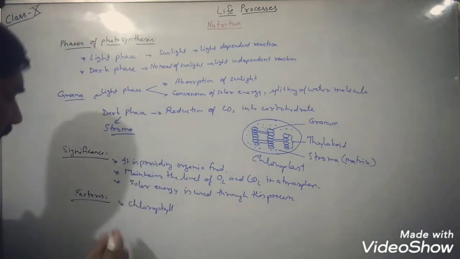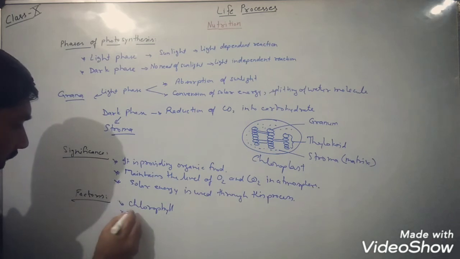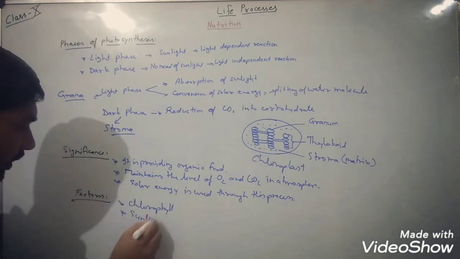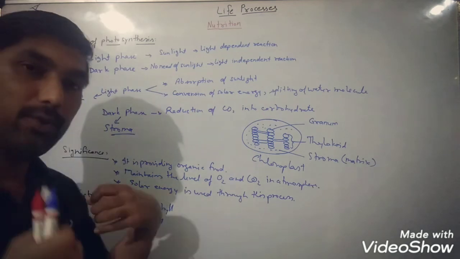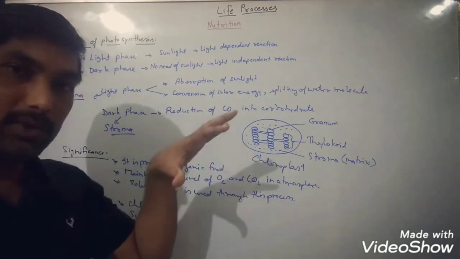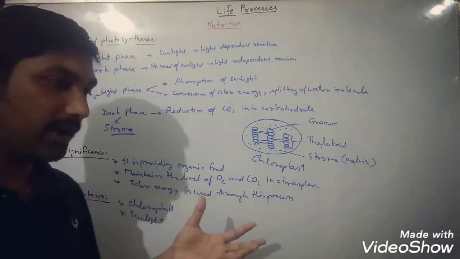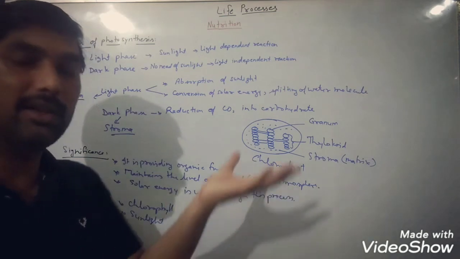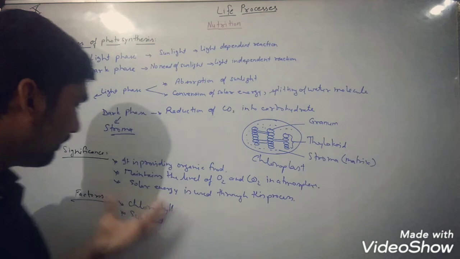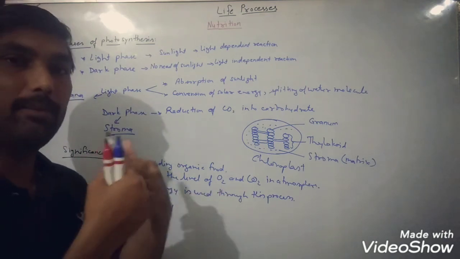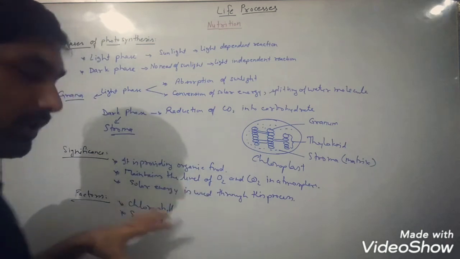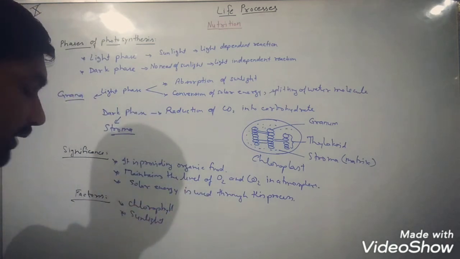When we consider sunlight, initially with the increase in intensity of sunlight, the rate of photosynthesis will increase. But if the intensity is too high, the rate of photosynthesis will decrease.